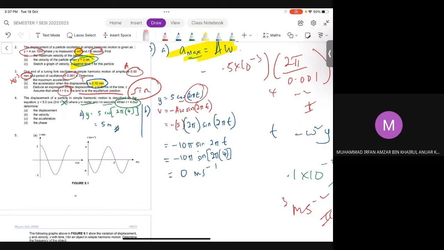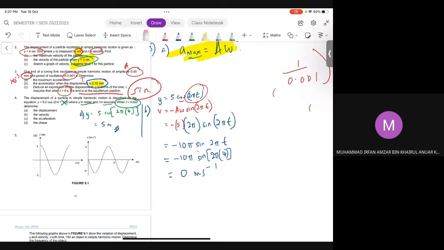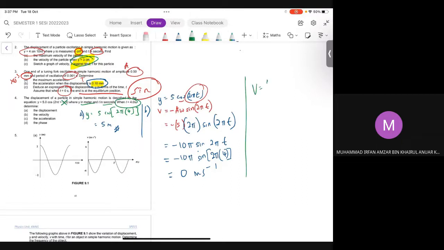Okay, sebenarnya kalau awak perasan, ingat tak formula v ni ada 2. Iaitu formula dia adalah v equals to negative A omega sin omega t, satu lagi plus minus omega square root A squared minus y squared. But madam, they give you t. Yes, they give you t, but actually you already find the y when t is 4, y is 5.